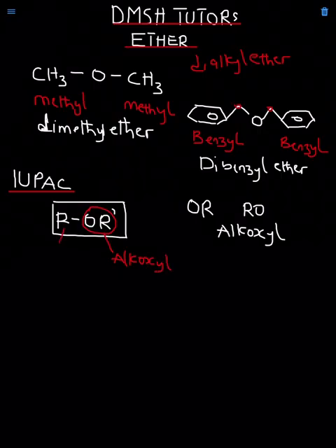Then this is the alkane. It serves as the parent name in this case, though it is attached, so that's why it is called alkane. Therefore the combination of these two names gives the IUPAC names. So we call it alkoxyalkane.